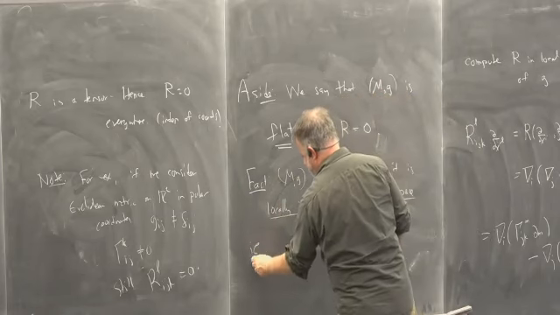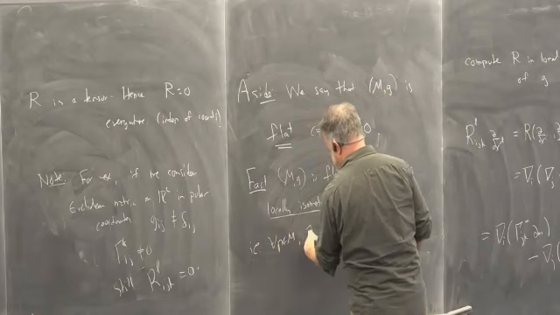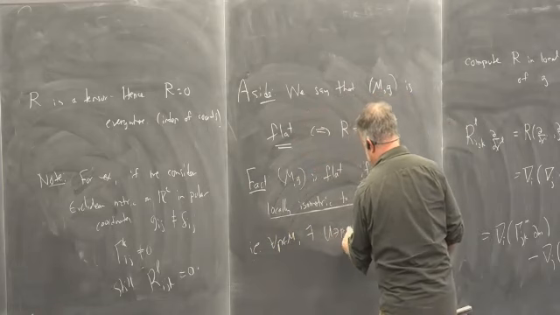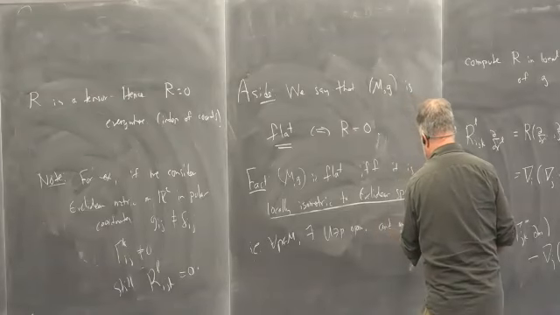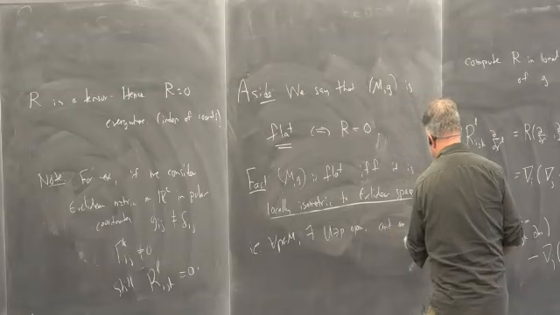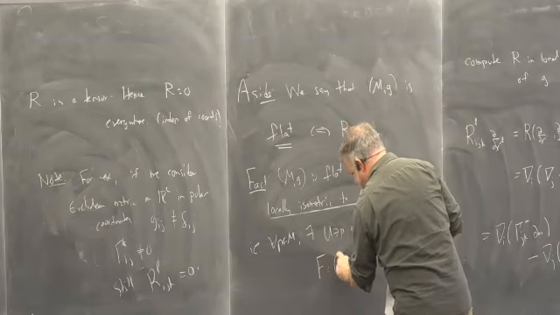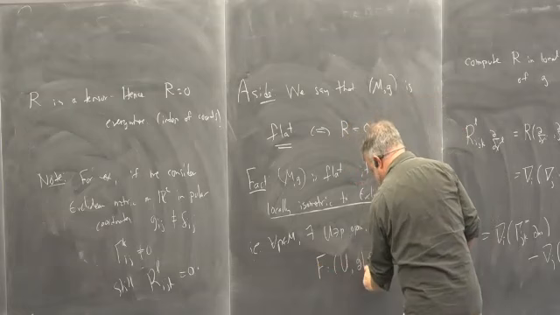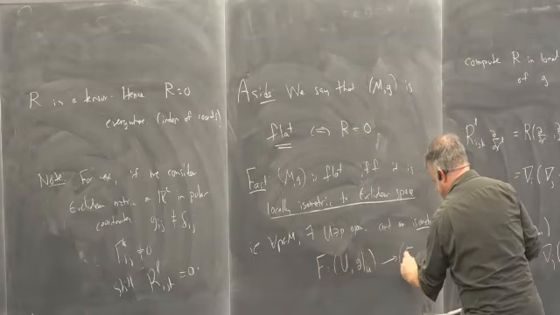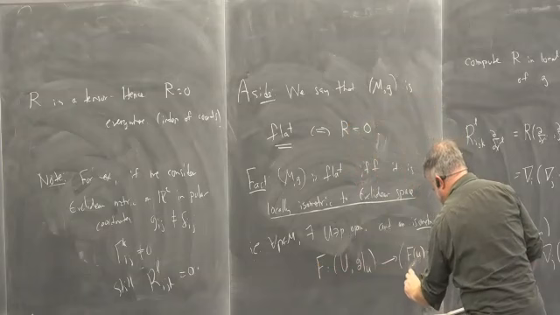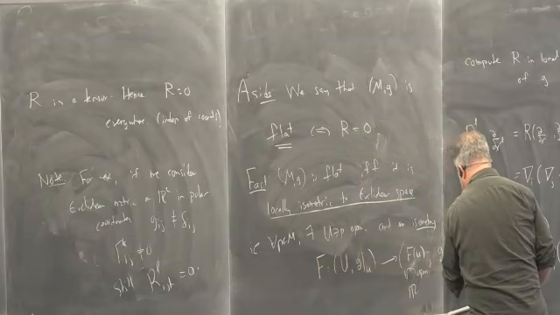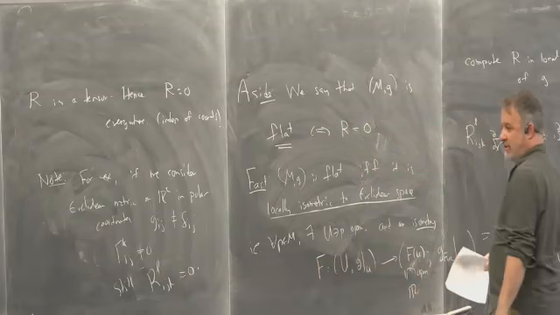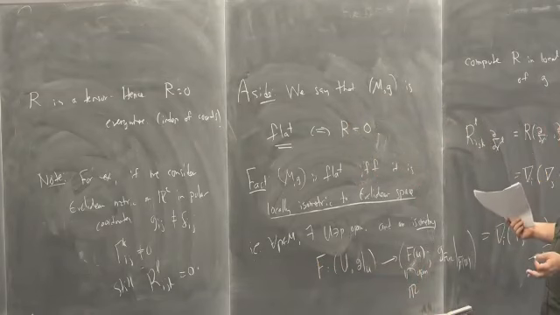So this means, i.e., for all p in M, there exists some open U containing p, and an isometry F from U together with g restricted to U to F of U, which is open in Rn, and the Euclidean metric restricted to F of U. Okay, so we know that any open subset of a manifold is a manifold.